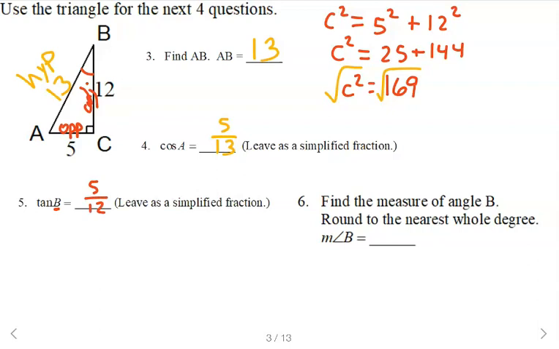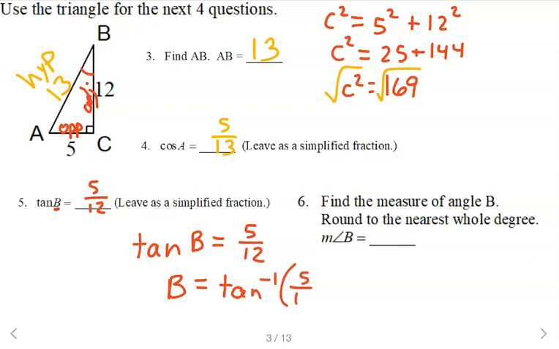Now we're told to find the measure of angle B. Well, if the tangent of B is 5 over 12 and we're looking for the angle, then we do inverse tangent. So B will be equal to the inverse tangent, tangent to the -1, of 5/12. So we're looking for the angle whose tangent is 5/12.